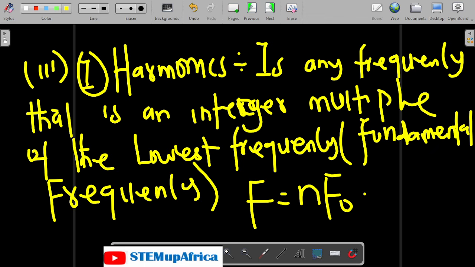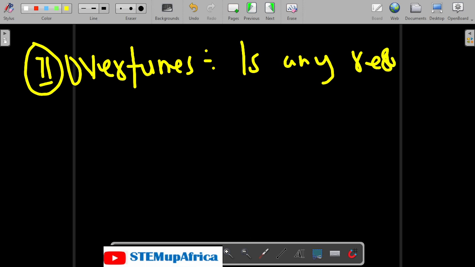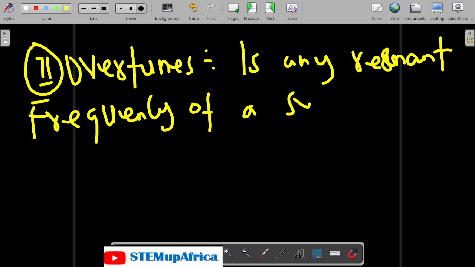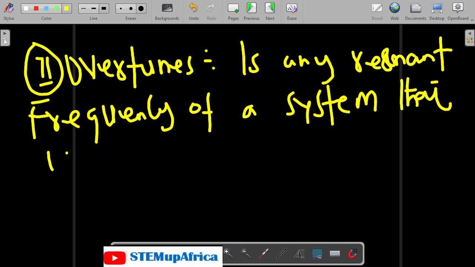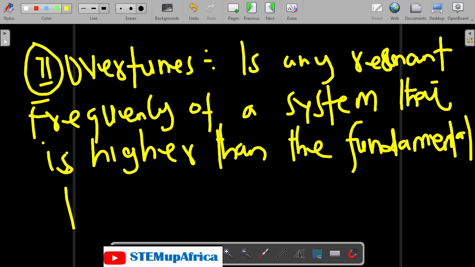Then we have overtones. An overtone is any resonance frequency of a system that is higher than the fundamental frequency.